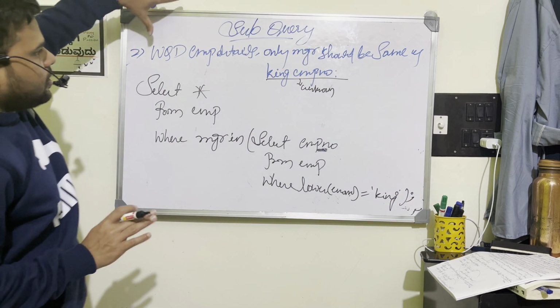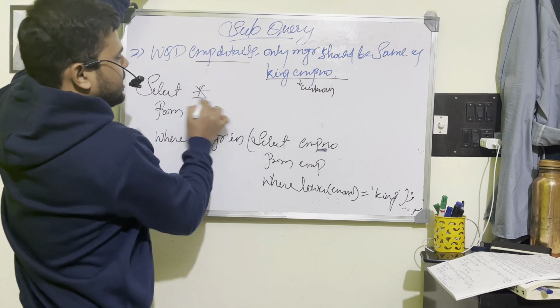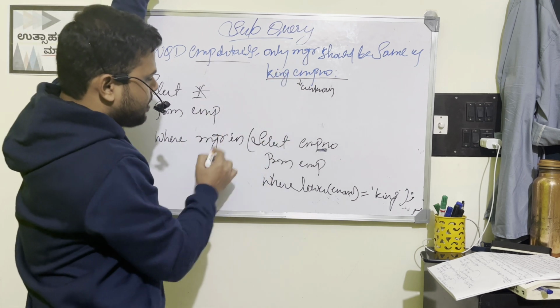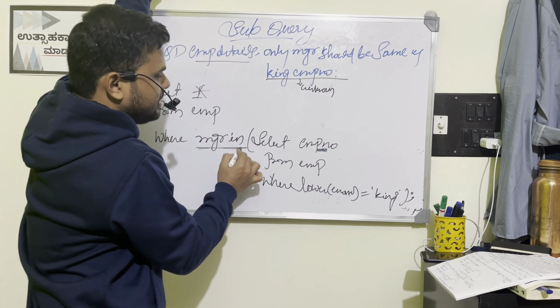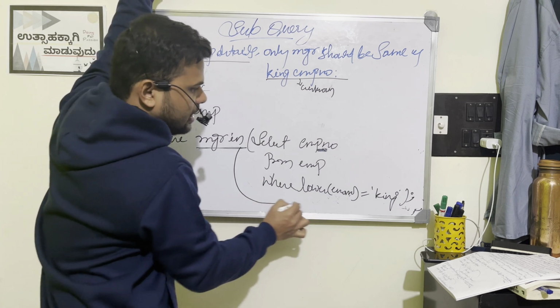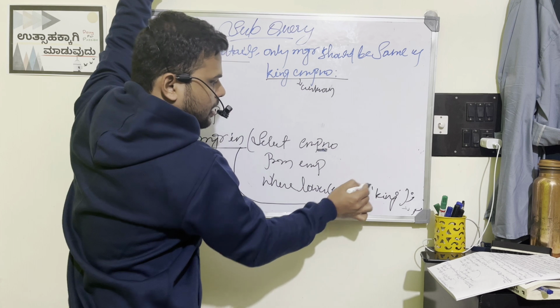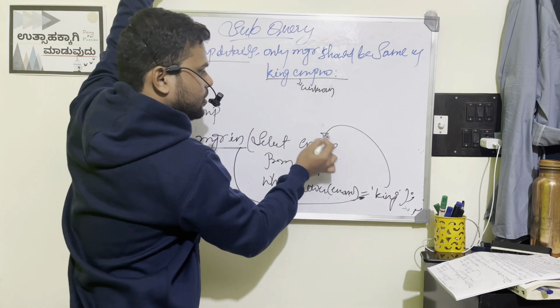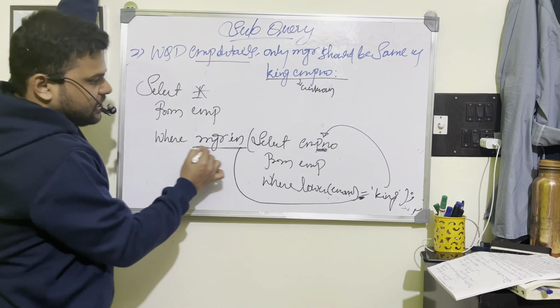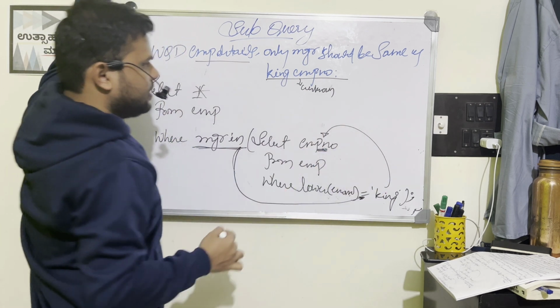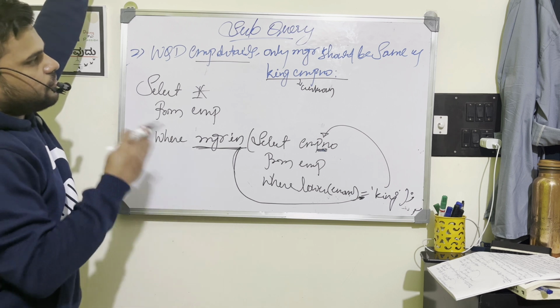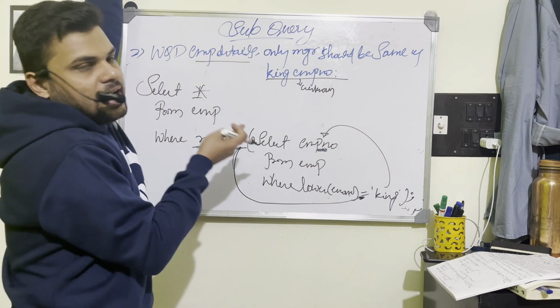See, write a query to display employee details means star from EMP where manager number should be same as king employee number. This way we will write subquery for finding unknown values.